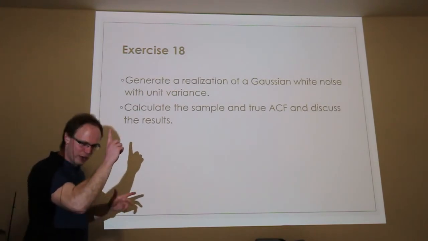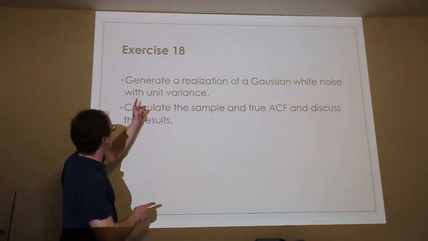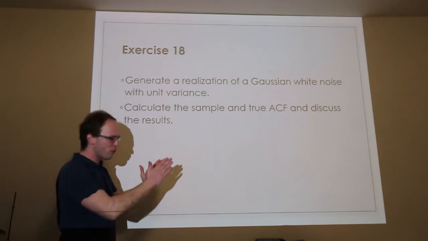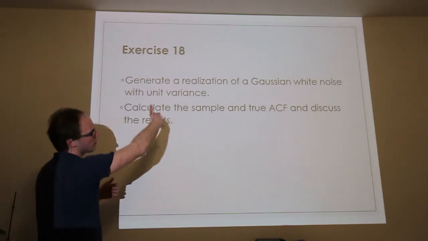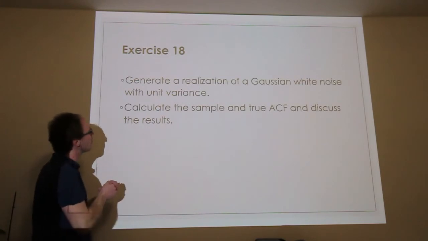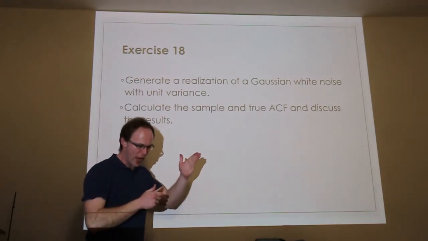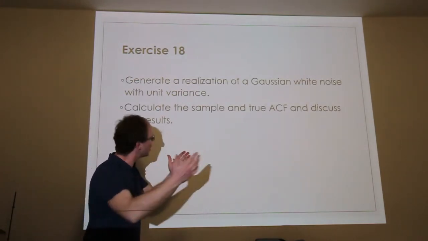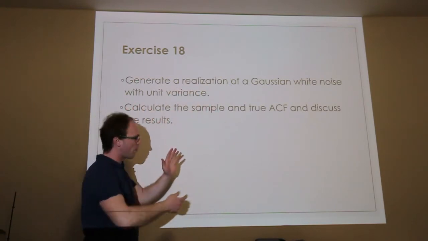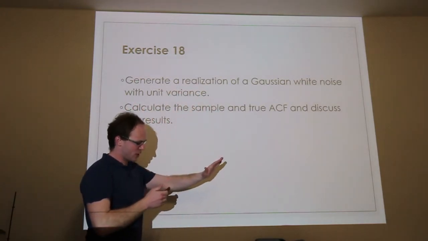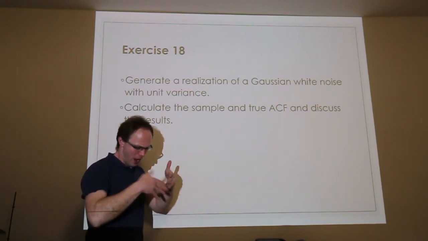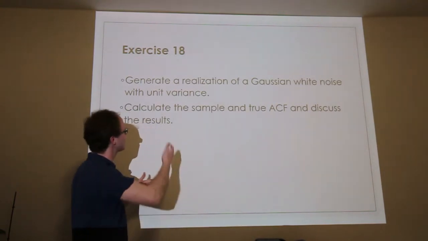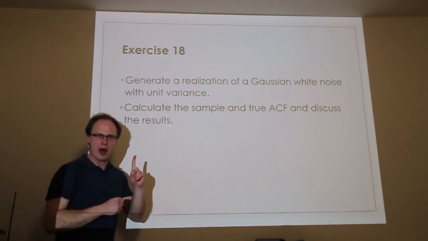So I recommend you generate a realization of 500 independent values of Gaussian white noise, and we will use the Microsoft Excel calculator. We will copy these generated values to EViews, and after that we will evaluate this process in EViews software.